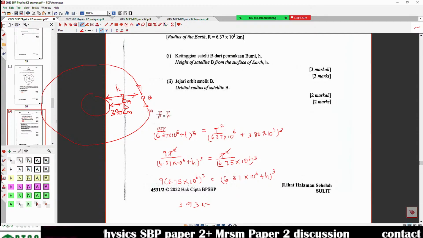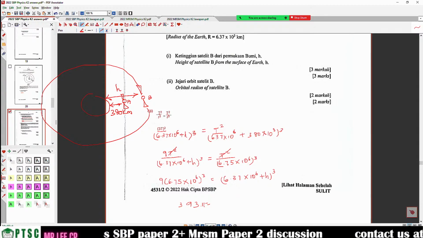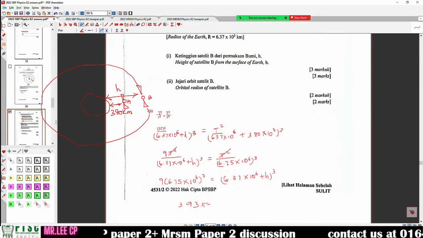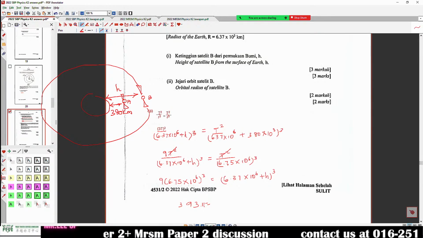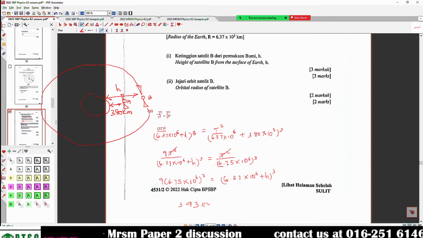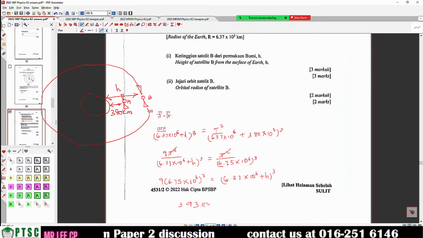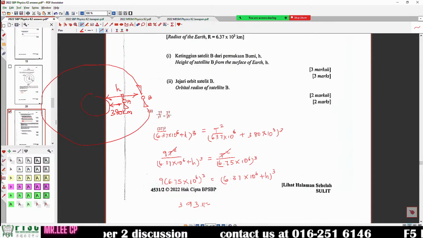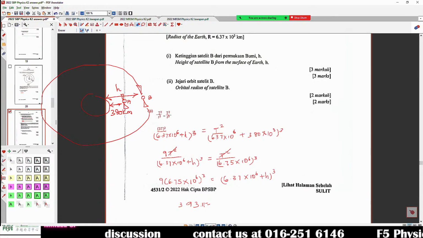Wait, 9 times 6.75 exponent 6 and then cube root equal. Oh, sorry, I pressed it wrongly.